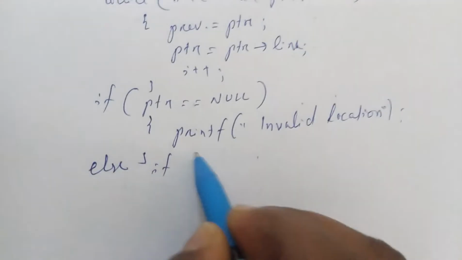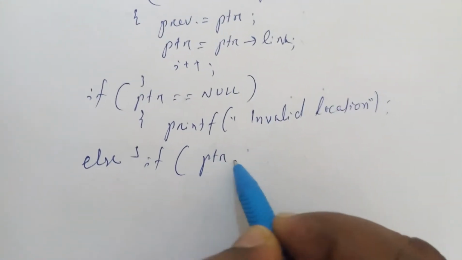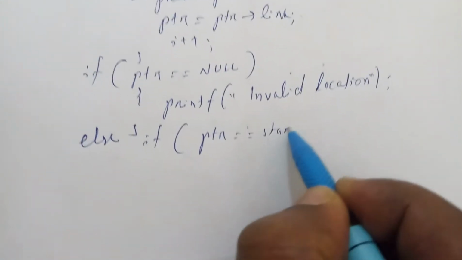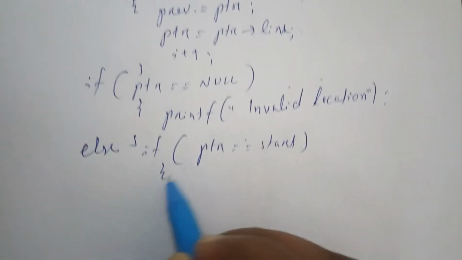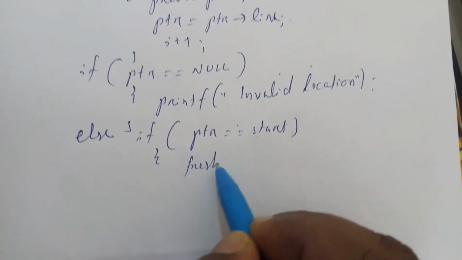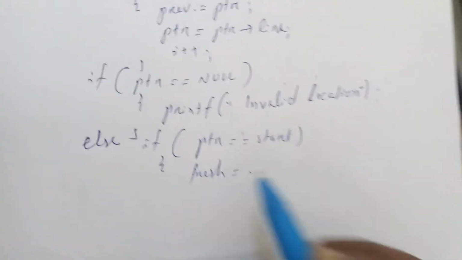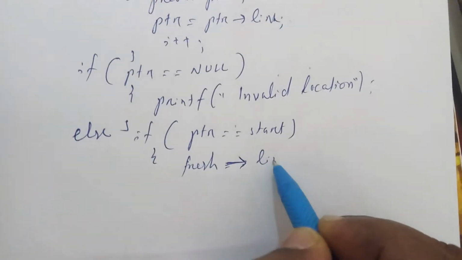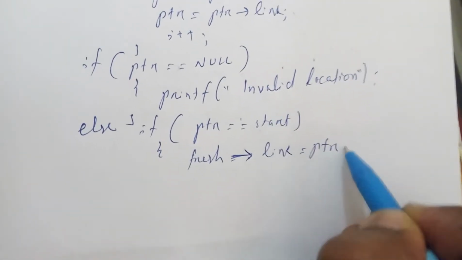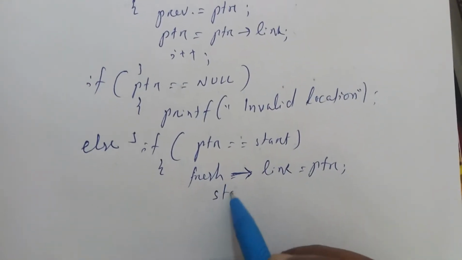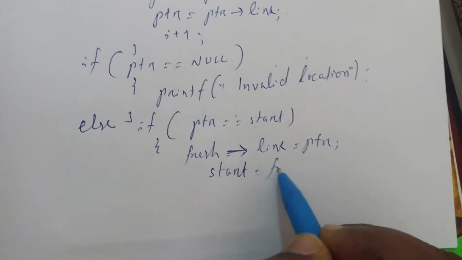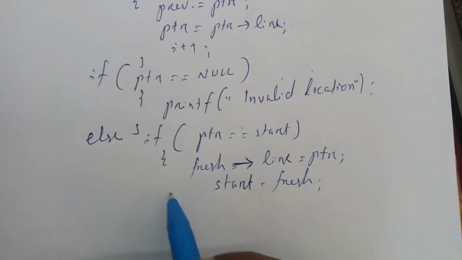After that, else if ptr equals to start, then fresh link equals to ptr and start equals to fresh.